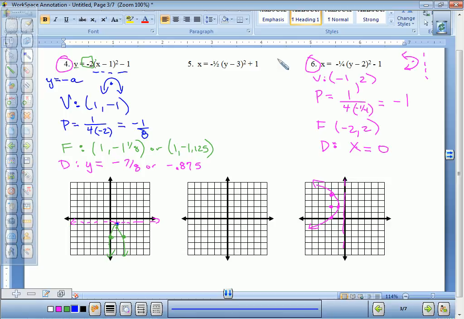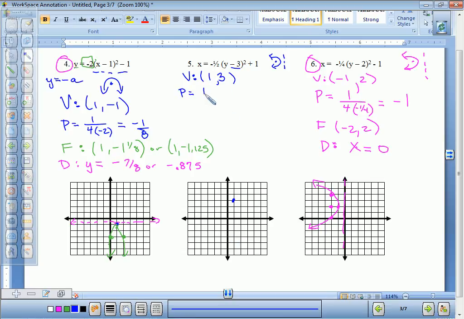This is x equals a negative, so it's going left. Focus has to be inside, directrix outside. The vertex: the opposite of this is the y. What's added at the end this time is the x. So 1, 3, boom.